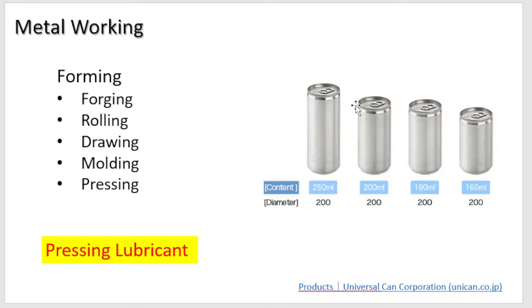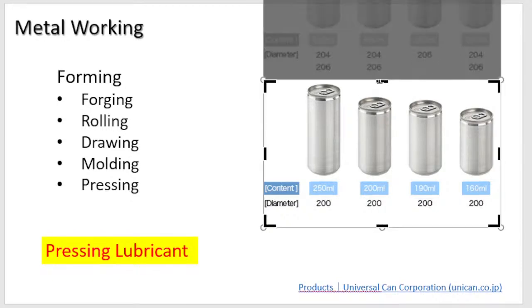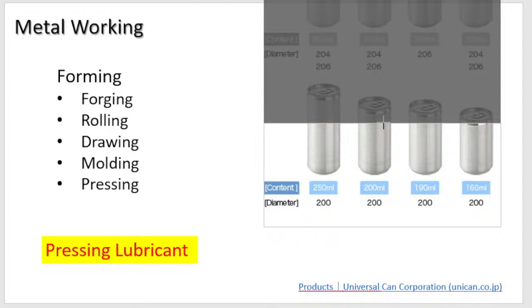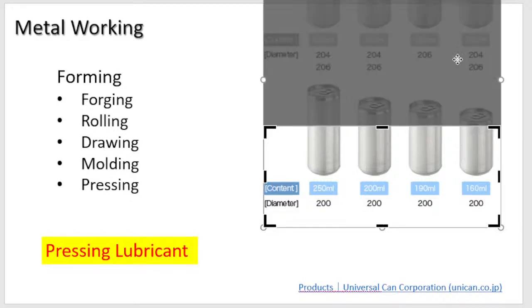So if you take off these tops, that's how you do the cans. You're pressing the metal into a shape, and it comes up this way. That's pressing.